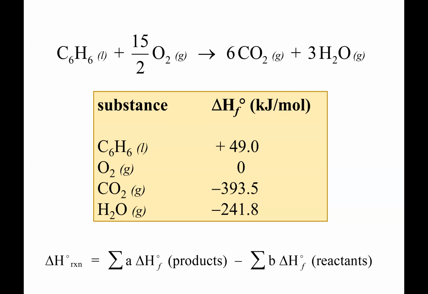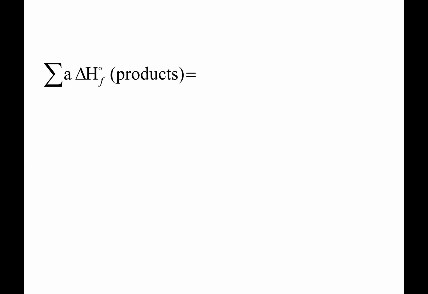We add them together, and that's going to be this term. Then we take 1 times the standard molar enthalpy of formation of C6H6 plus 15 halves times the standard molar enthalpy of formation of oxygen, which of course is 0. That's going to be this term. And then we do one last subtraction. That's how that looks.